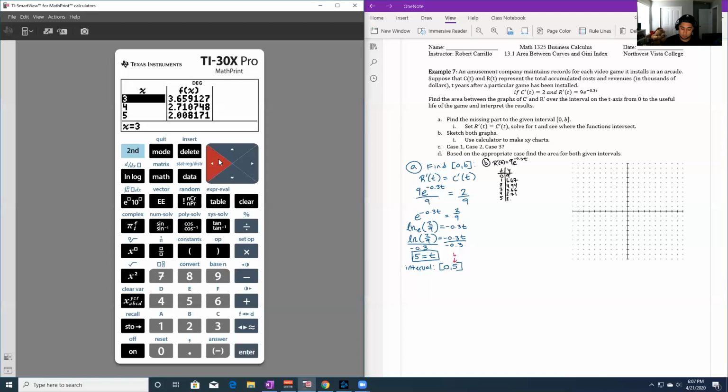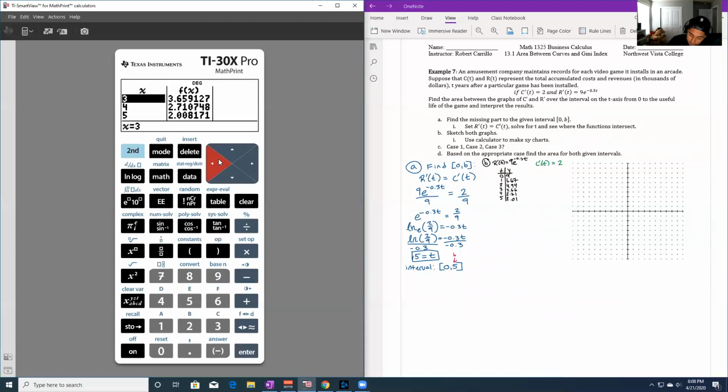Okay. Now let's do c prime of t. C prime of t is 2, right?